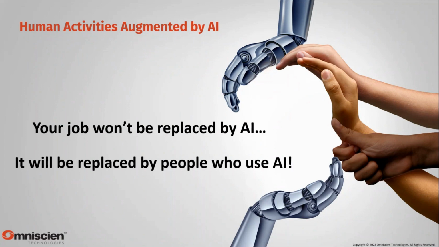That's what makes ChatGPT so compelling. But if you don't want to use them, somebody else will, and they will take your job. That's the bottom line. Now, that's from the human interaction side. But from the business interaction side, obviously, that's a different story. But certainly, human activities are greatly augmented by AI.